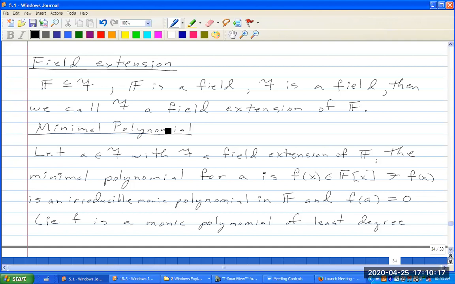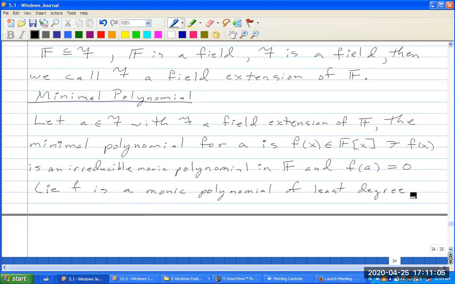A minimal polynomial. Let A be in a field F, with curly F being a field extension of F. The minimal polynomial for A is f of x, a polynomial in F, such that f of x is an irreducible monic polynomial in F, and f of A is 0.